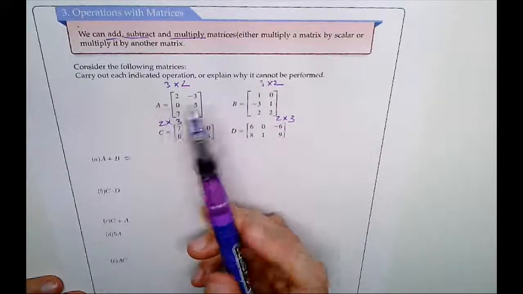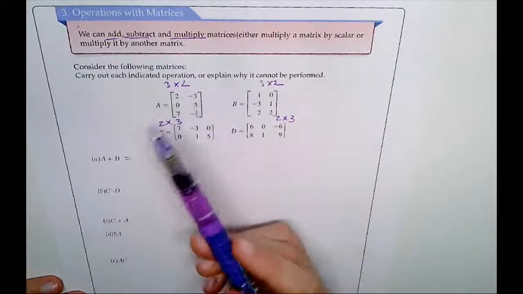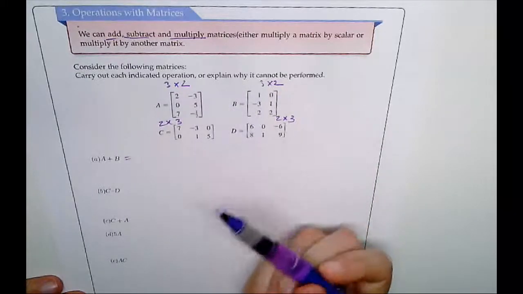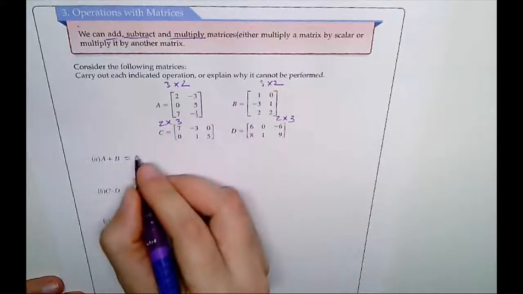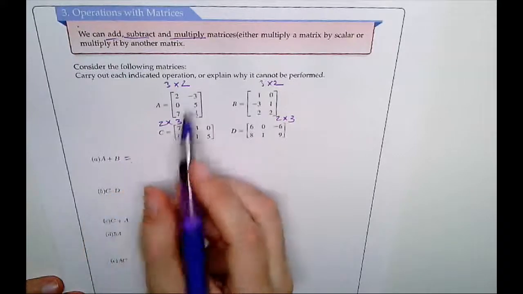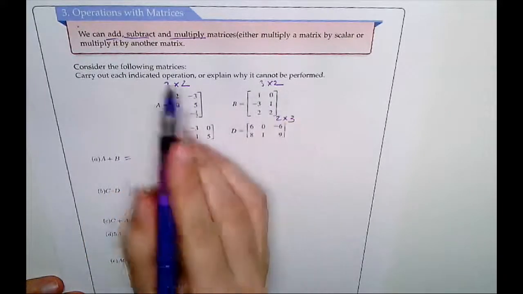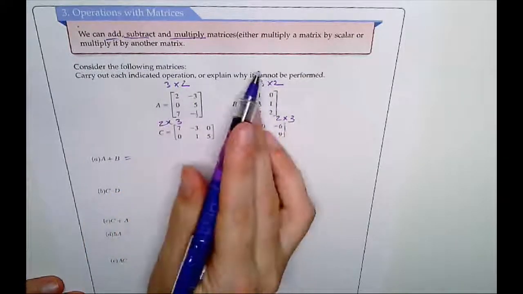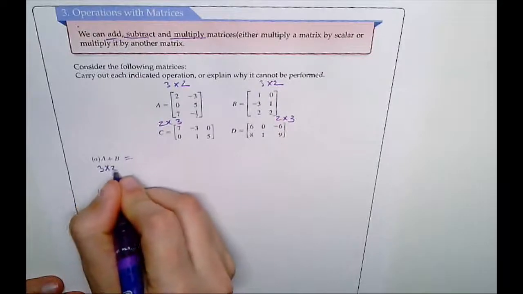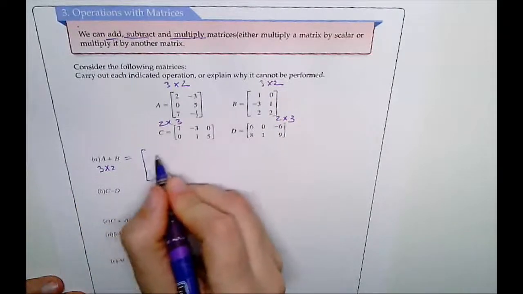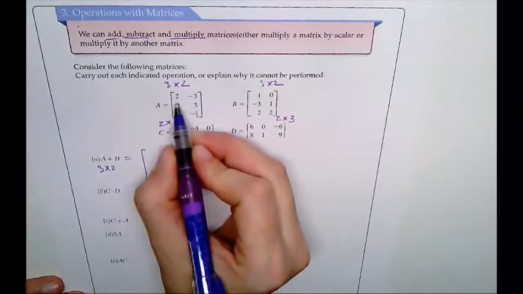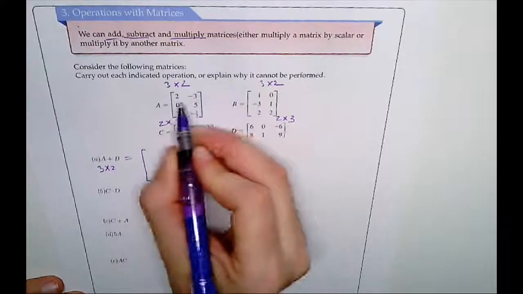I can't combine an x plus a y, but I can combine an x plus a 2x, okay? So A plus B, the result is going to be a 3 by 2 matrix as well. So if I add a 3 by 2 with another 3 by 2, I get a 3 by 2 matrix. So I know I'm going to have 3 rows and 2 columns. And we simply add the corresponding entries.